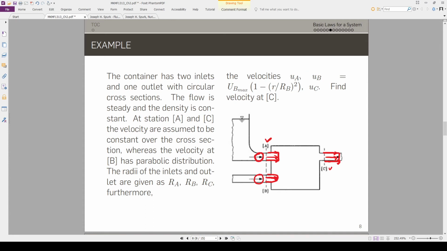The velocity at station A is given by UA, the velocity at station C is UC, but the velocity at station B, which has this parabolic distribution, is given by UB max times 1 minus r over RB squared. So this is the velocity profile at station B. The problem that we are going to solve here is to find the velocity at station C.